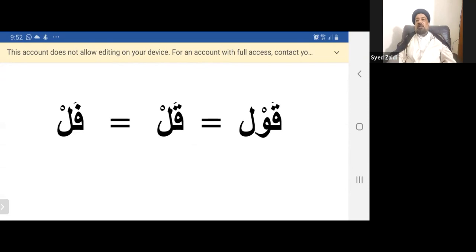Now you see that one of the letters is deleted. Qawl has become qul. Once that happens, then what do you do? You do not repeat the original letters like in the first two previous examples. In the first two instances, the original word had to be matched with the word scale, right?